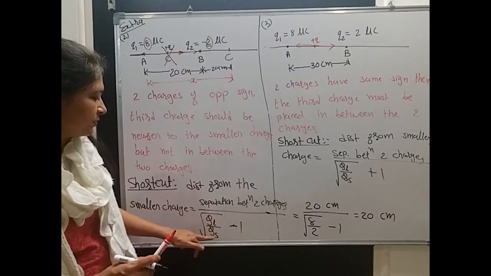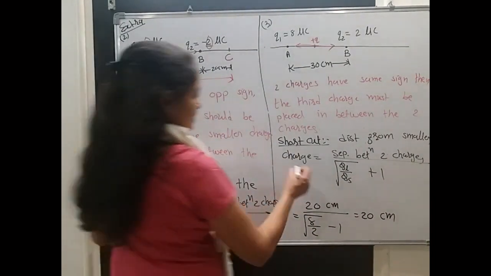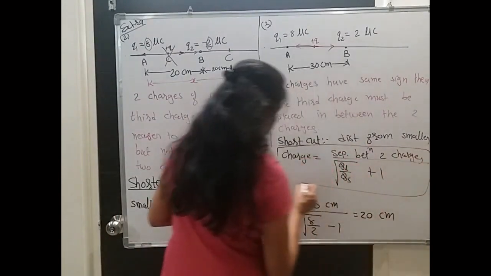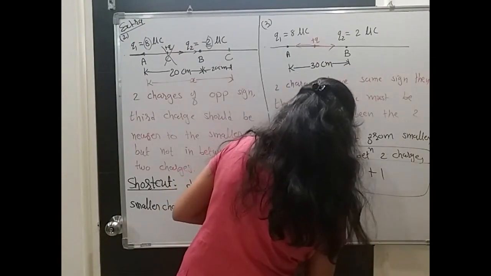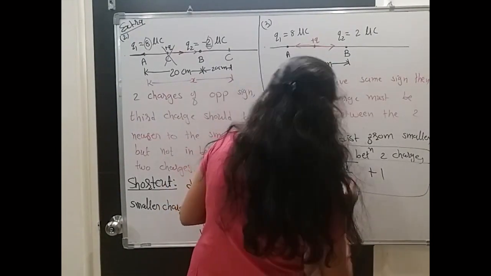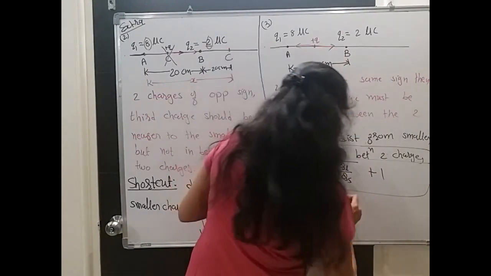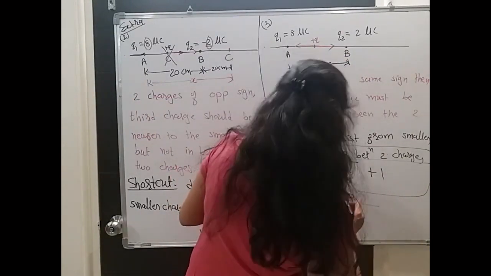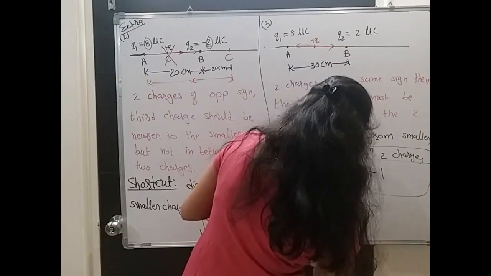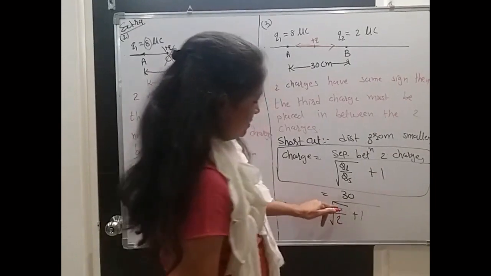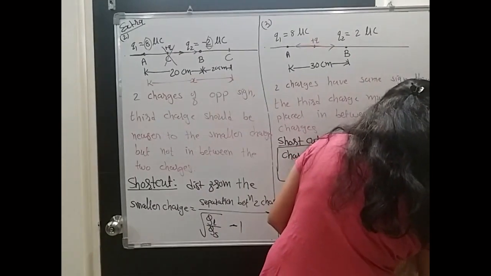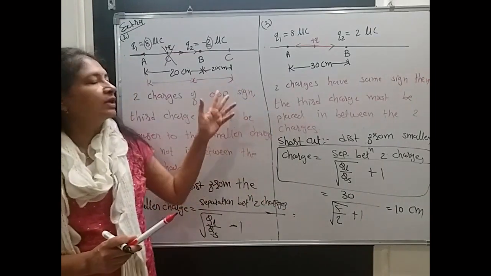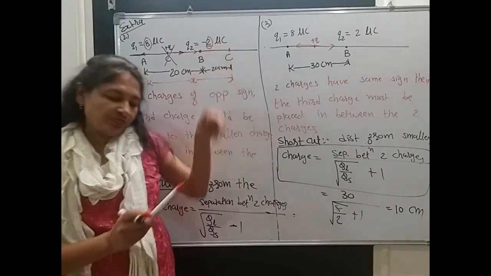Here it is q larger upon q smaller minus 1, and here it is q larger upon q smaller plus 1. Let us calculate. Here the separation is 30 centimeter divided by the square root of q larger 8 upon q smaller 2, plus 1. 8 by 2 is 4, square root of 4 is 2, 2 plus 1 is 3, and 30 by 3 is 10 centimeter.